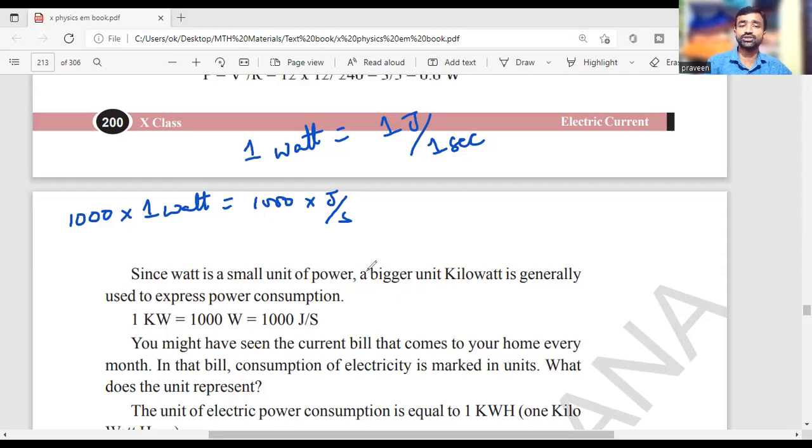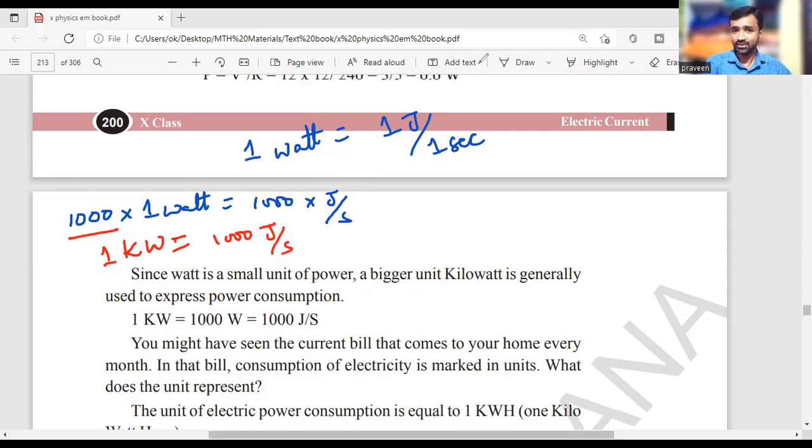Is there any change? Either side, the 1000 cancels and it remains the same. So here on the left side I write 1000 as kilo, and 1 watt as W. So 1 kilowatt is equal to 1000 joule per second.